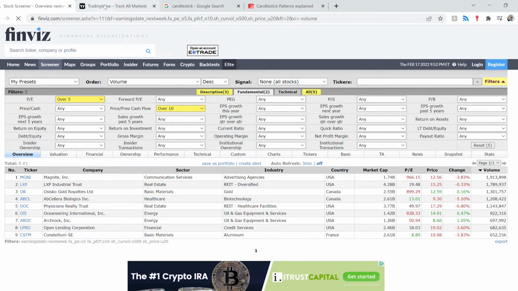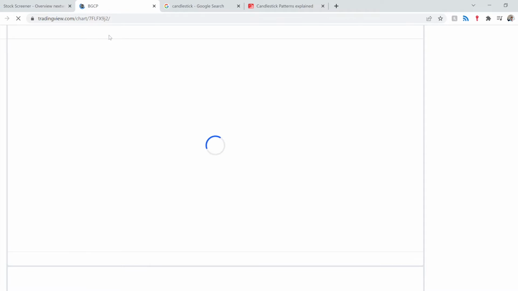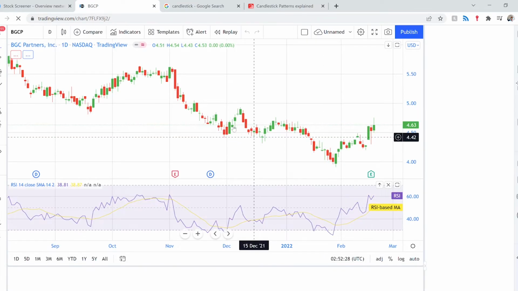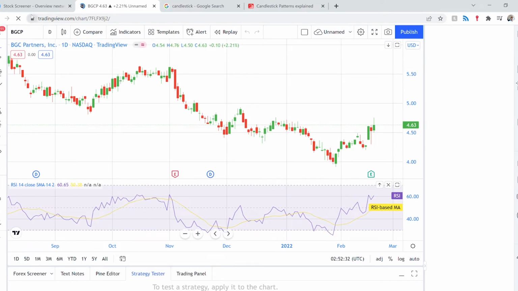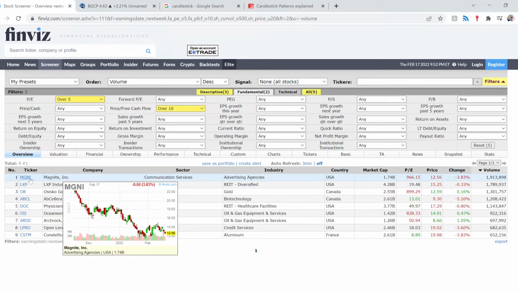So let's go right here to TradingView, which is tradingview.com. You see chart. Click on chart, and that gives you a chart that looks like that. What we want is our stock, which was MGNI.